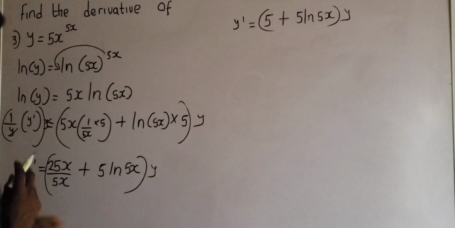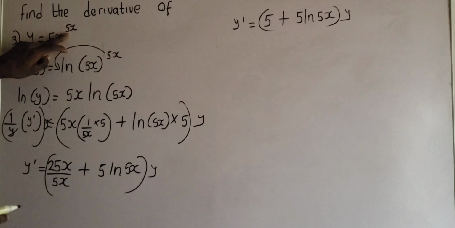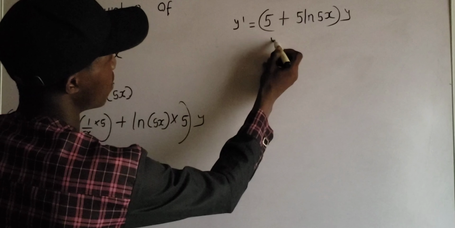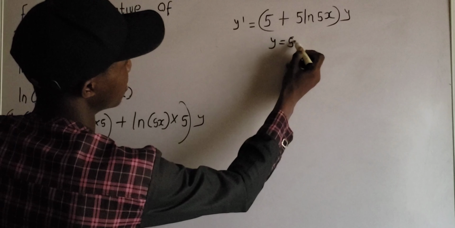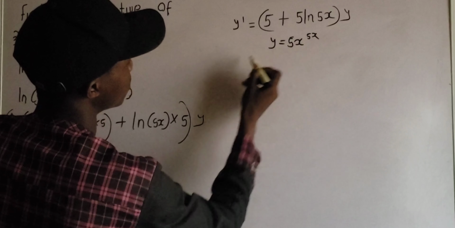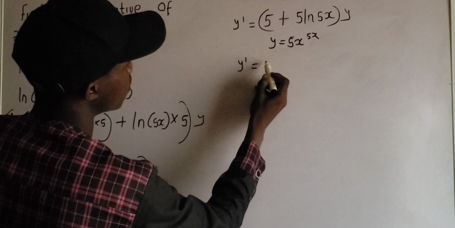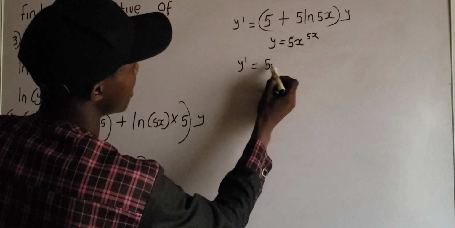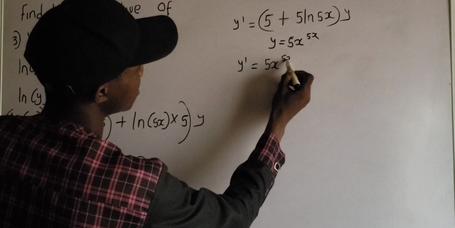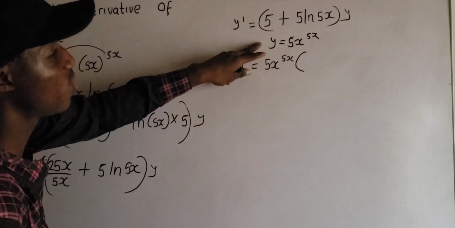Don't forget that y is equal to 5x raised to the power of 5x. So the derivative of y is equal to 5x raised to the power of 5x, which is y; I substitute the value of y.